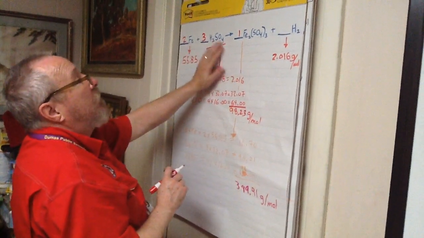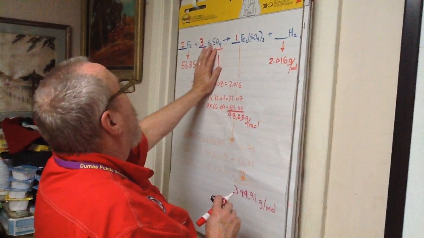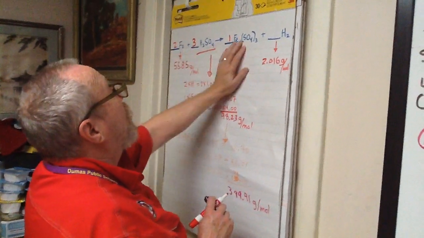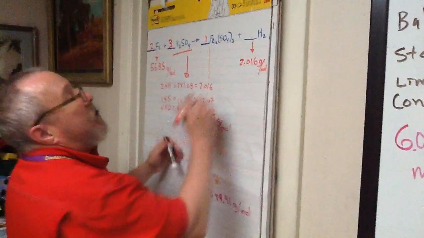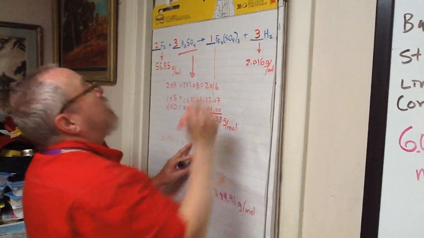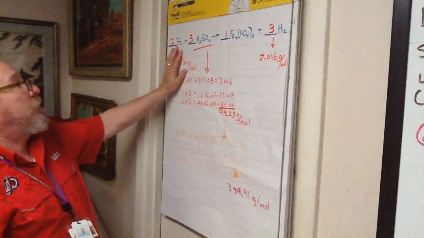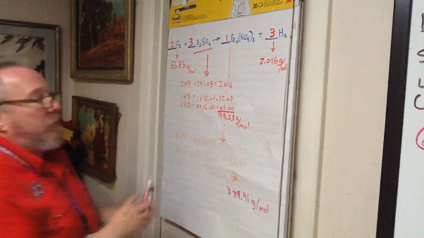I have 3 sulfates here. So this is going to need 2 irons. I'll need 3 of those sulfates, and that will give me 3 H2s. So my coefficients are 2, 3, 1, and 3. Okay, so I've balanced my equation.